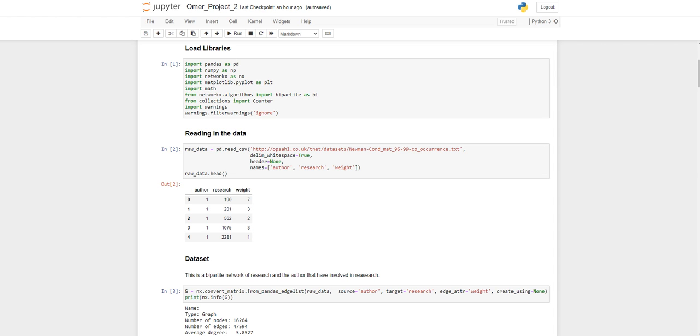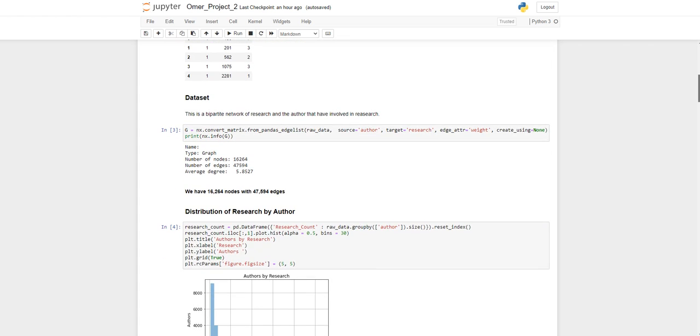The next thing that I'm doing is creating a network of research and authors that have been involved in the research. By just looking at the info here, we can see that there are 16,000 nodes and around 78,000 edges in this graph object.